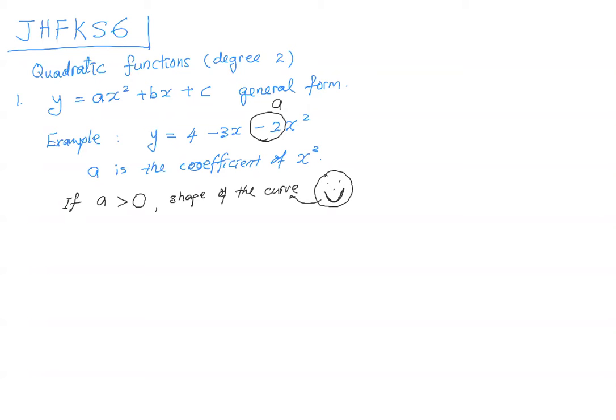If A is less than 0, meaning a negative value, the shape of the curve is this shape. This shape we give the name convex, and this shape we give the name concave. So in this case, what is the shape of this curve?